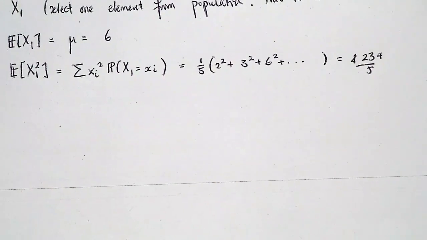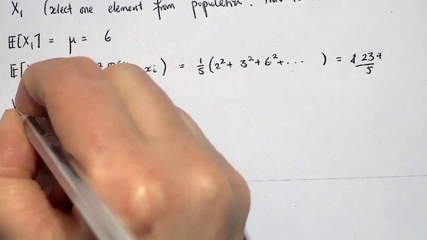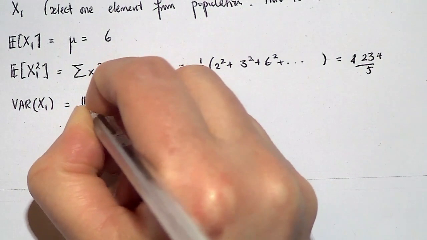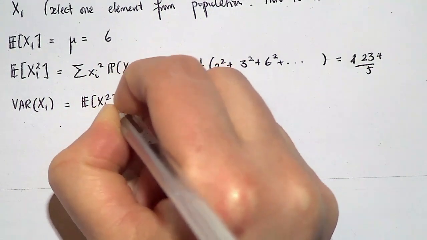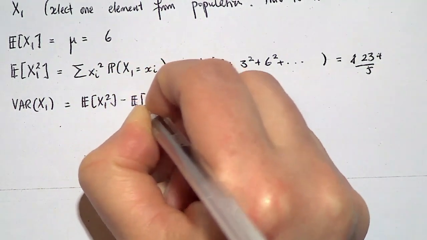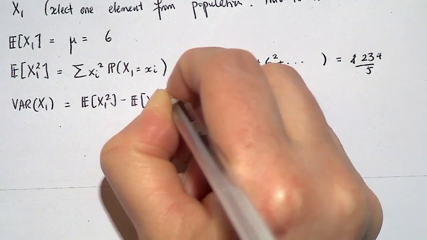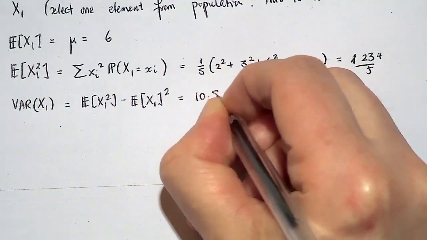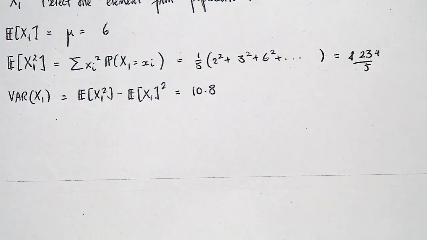So I just need to square each of the elements in the population, add them all up and divide by 5. And then to find the variance, I need to combine these two. In the end, I get 10.8.